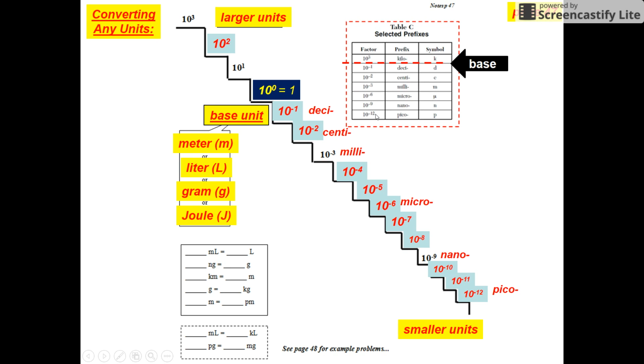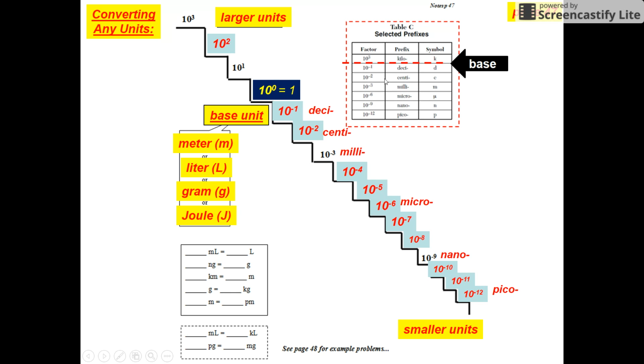Okay, so table C tells you that a pico something is 10 to the minus 12th, a factor of 10 to the minus 12th smaller than the base unit. Okay, or a micro something, microgram, microliter, microjoule, micrometer, is 1 divided by 10 to the 6th as small as the base unit.